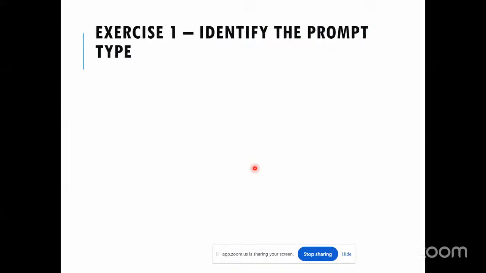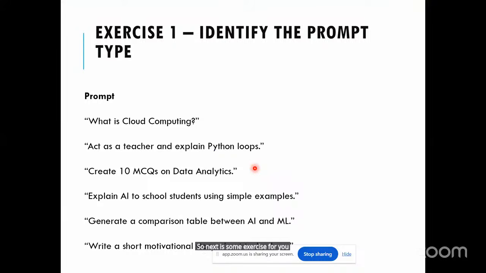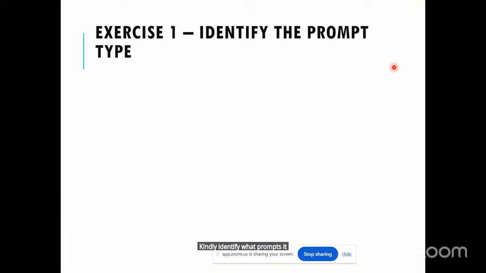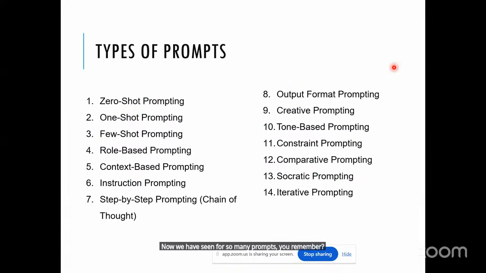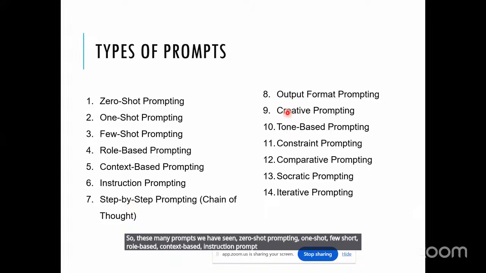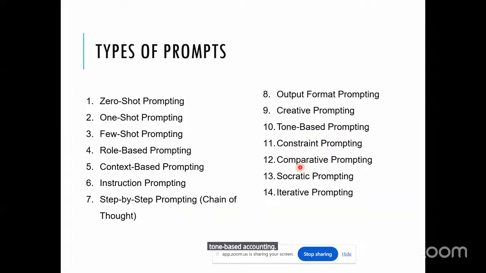So next is an exercise for you. Kindly identify what prompt type it is. Now we have seen so many prompts. You remember? Zero shot prompting, one shot, few shot, role based, context based, instruction prompting, step by step, output prompting, creative prompting, tone based prompting, constraint prompting, comparative prompting, Socratic prompting, and iterative prompting.